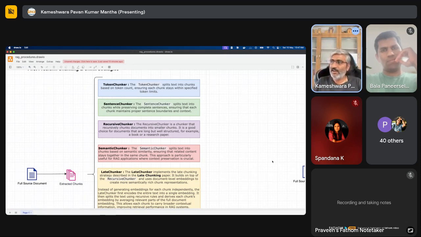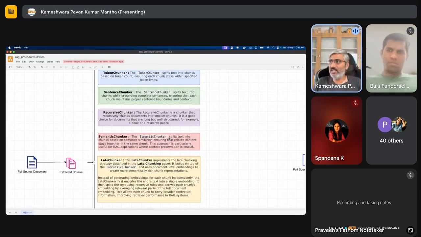So it splits the chunks as sentences, grounding on the sentence boundaries as well as semantics, both. And then recursive chunking. Recursive chunking has a recursive loop to chunk on the chunk boundary.